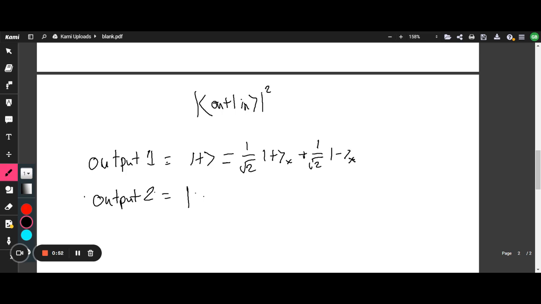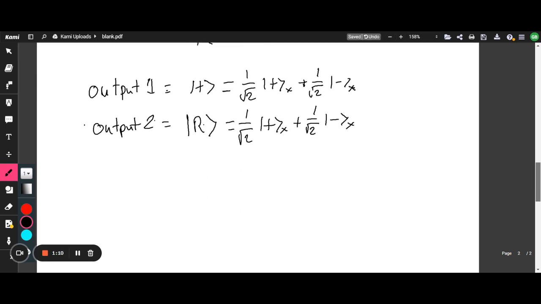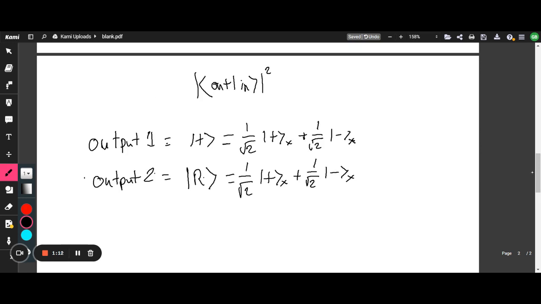And we'll name this variable R. So let's find the probability of finding spin up for the third analyzer, given that the input is R.